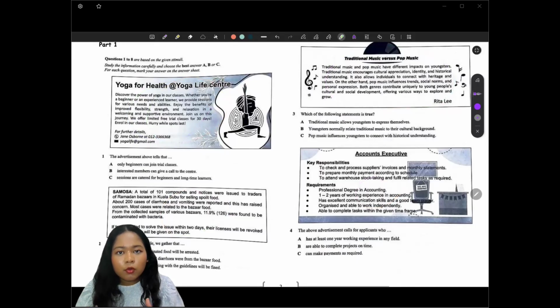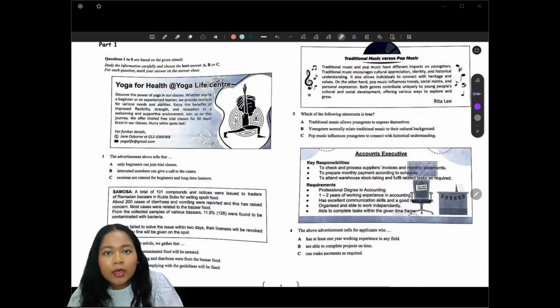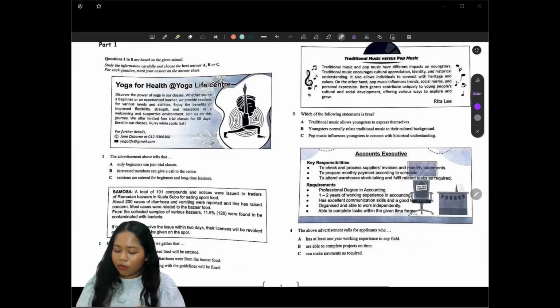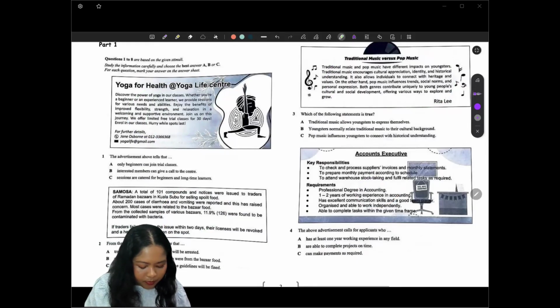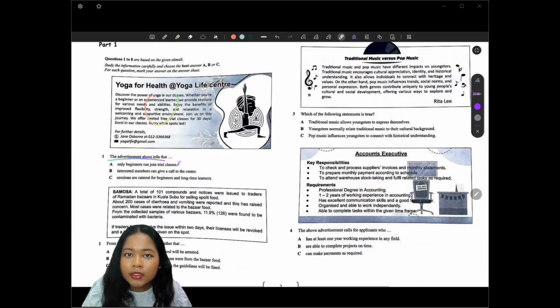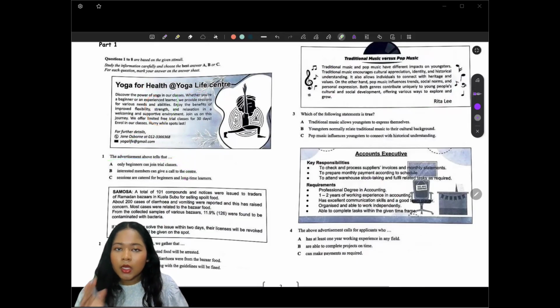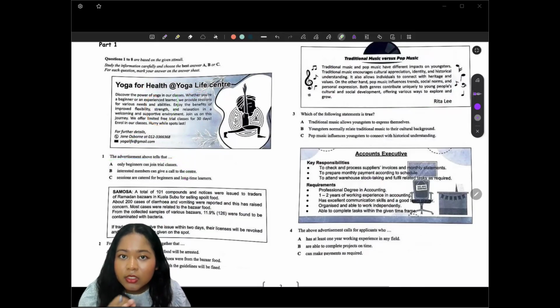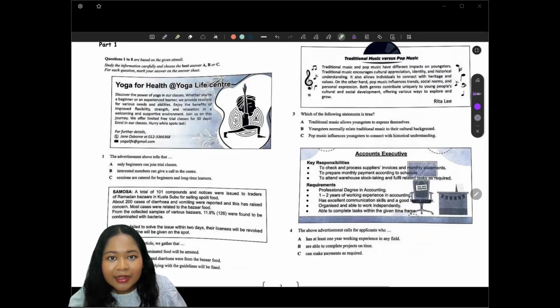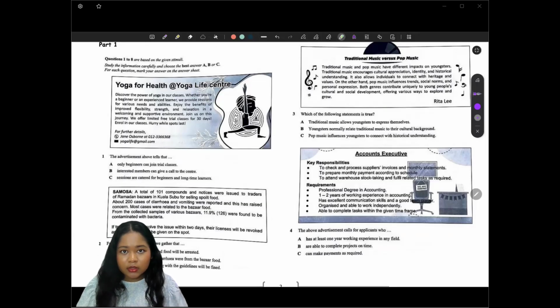I'm going to go through with you in an even more detailed way on how to answer this. Don't worry. Simply read the stimulus, then read the question and analyze the options of answer. Why did I say analyze the options of answer? Because if you do not understand the options, then you're not going to know which one is the best answer.